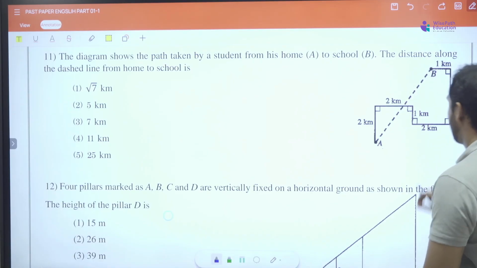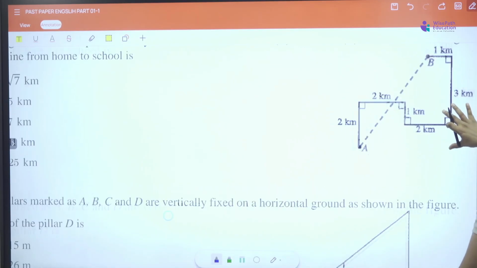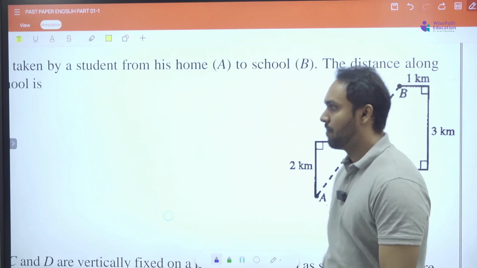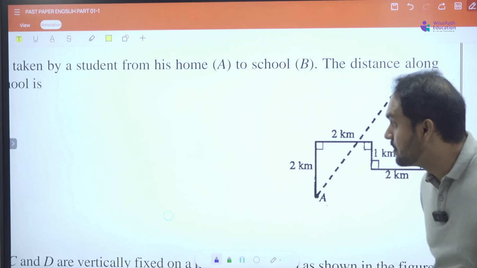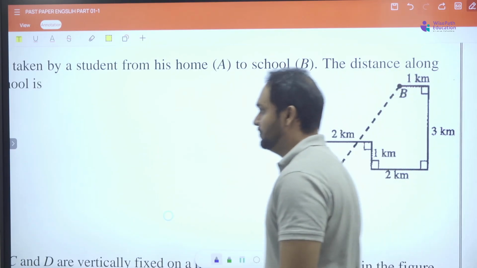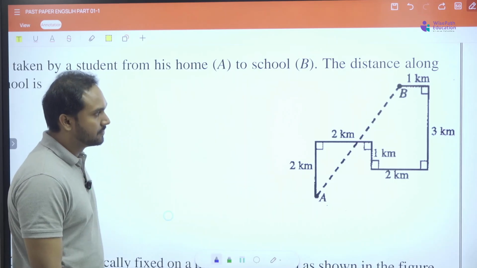How do you find it? This is somewhat easy, because you have to construct it. Now do you see this?